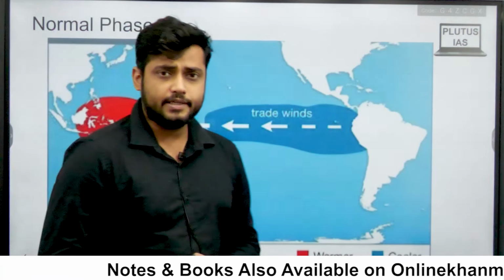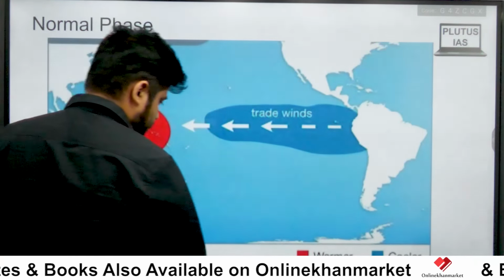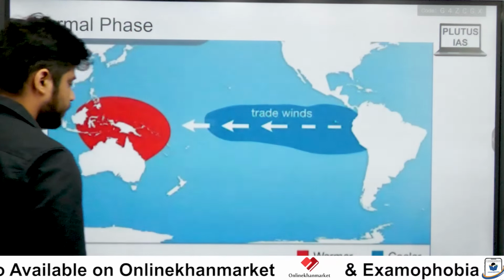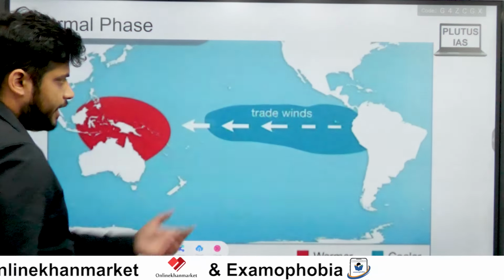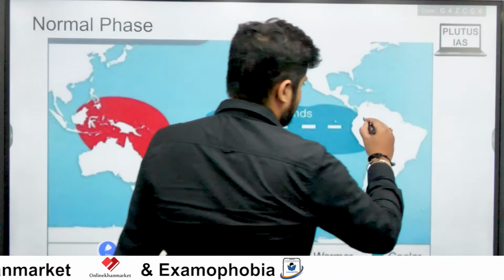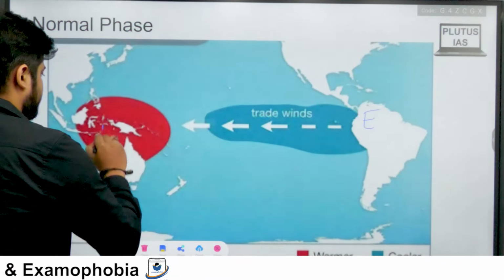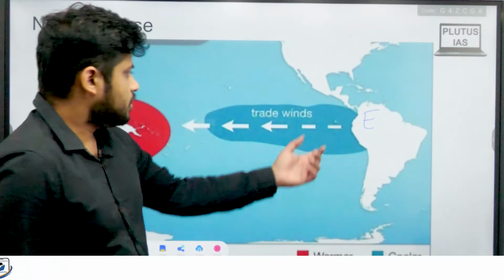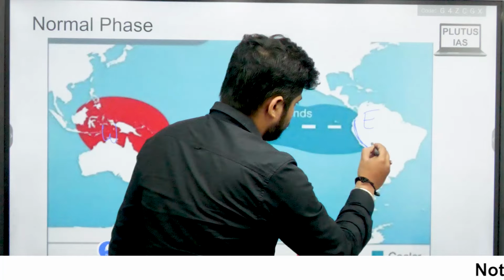Now, the next thing is, I also told you that in the Central Pacific Ocean, near the equator, the trade winds are blowing. The trade winds are blowing near the equator. This is the eastern part and this is the western part of the Central Pacific Ocean. So this coast is the Peruvian coast.